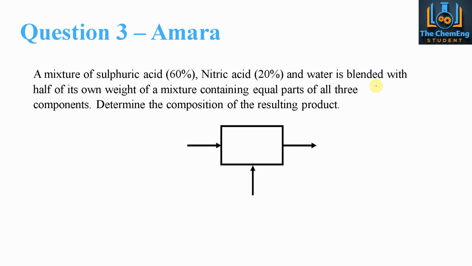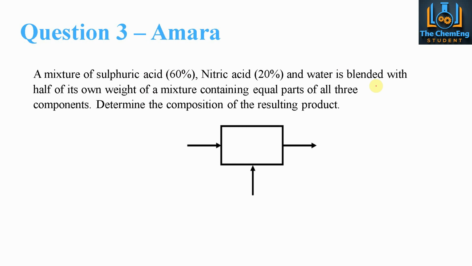Now question number 3 was submitted by Amara, and it gives us a mixture of sulfuric acid, which is 60%, with nitric acid 20%, and water, which is blended with half of its own weight of a mixture containing equal parts of all 3 components.